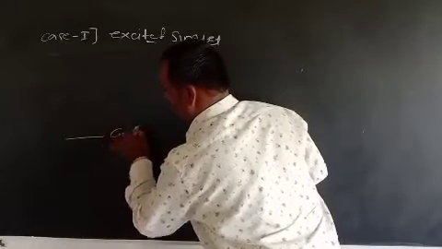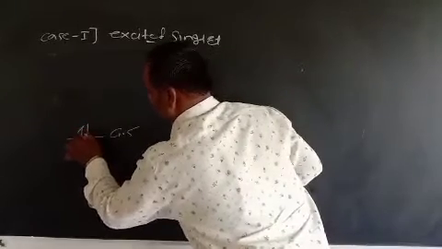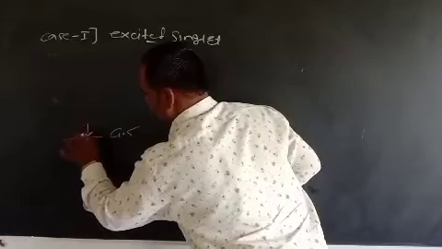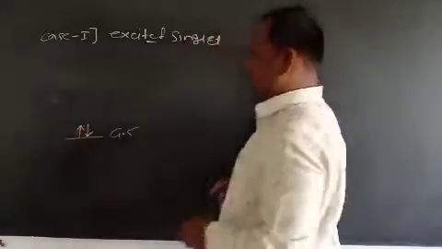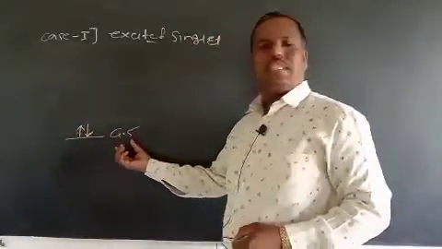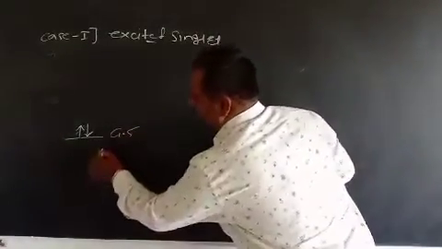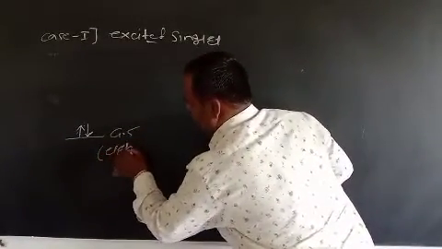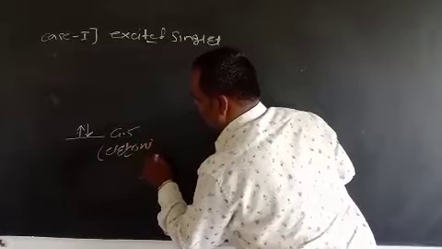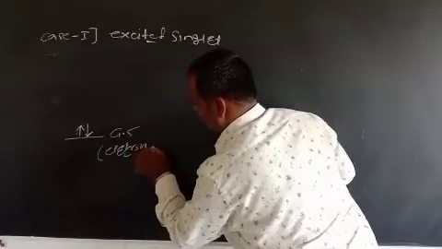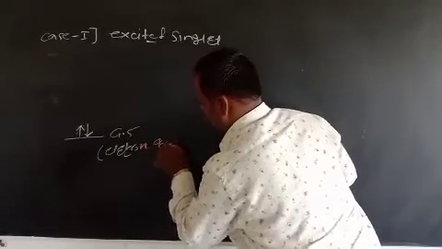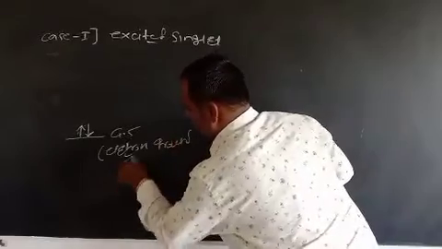This is your ground state in which there are two electrons. So this ground state is considered as the electronic ground state, because here we consider electrons.